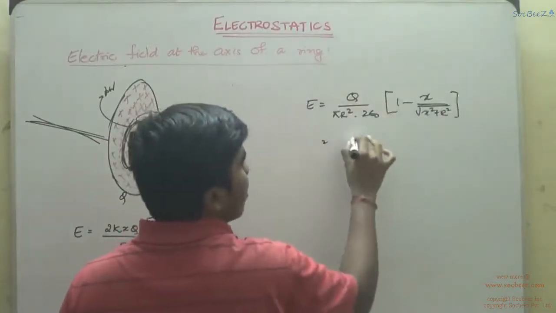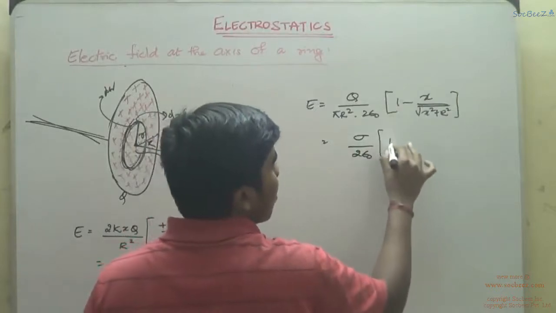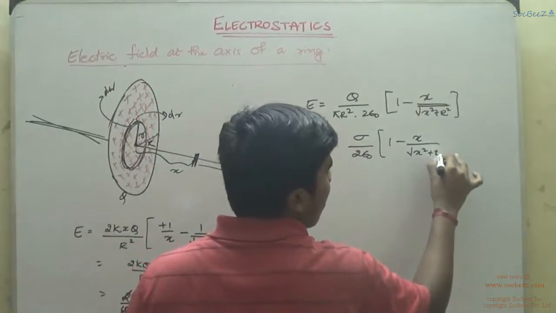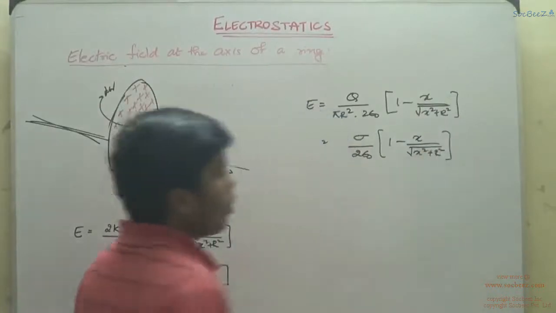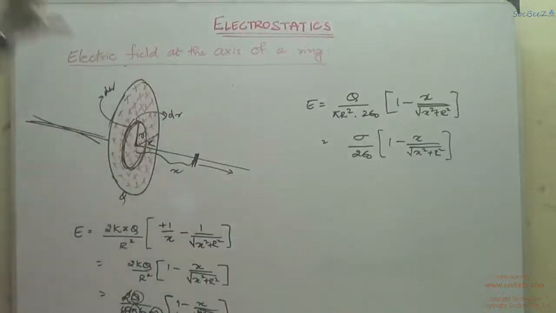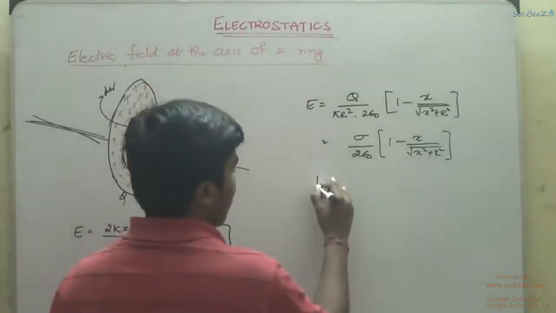See, this is sigma. Now consider the case where the dimension of this disk becomes very large, which means that r tends to infinity.